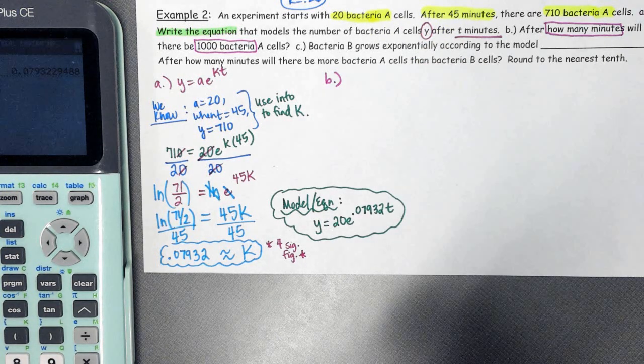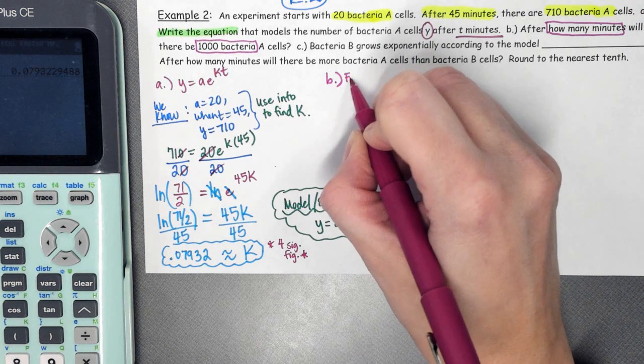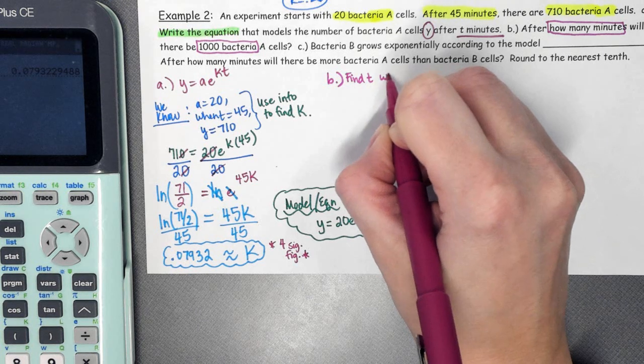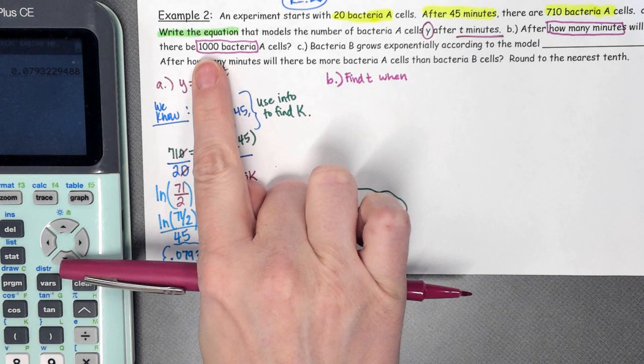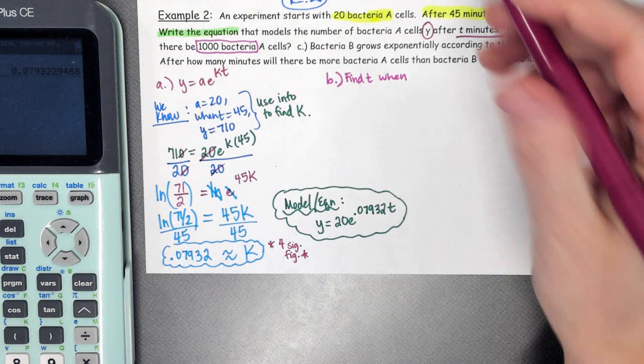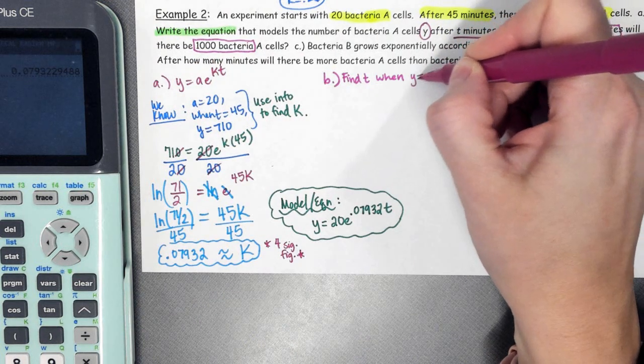How many minutes tells me I'm going to find T. And what am I going to plug 1,000 into? Y. So Y is 1,000.